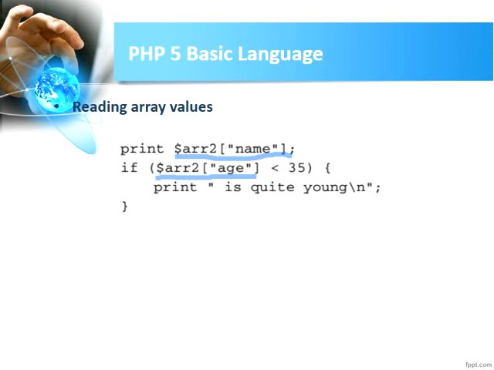So we want to access the value of array2 age. Any questions? We can use print or echo.